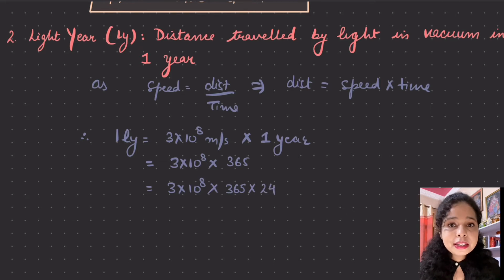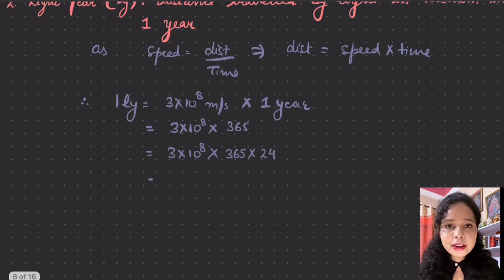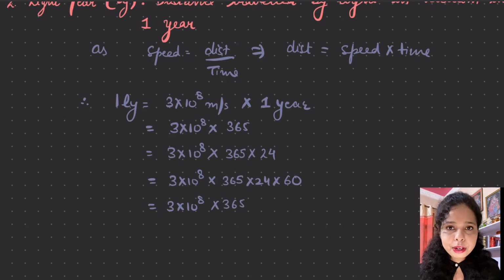Now we will convert hours into minutes: 3 into 10 raised to power 8 into 365 into 24 into 60 minutes. Now we will convert minutes into seconds: 3 into 10 raised to power 8 into 365 into 24 into 60 into 60. So now we have converted 1 year into seconds.